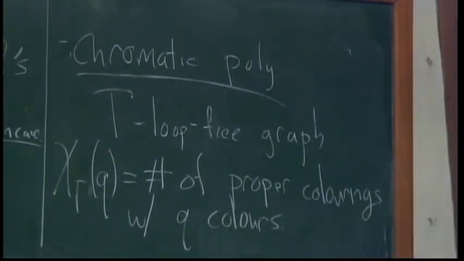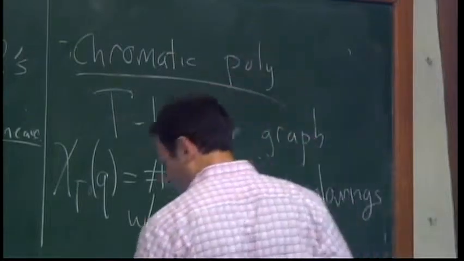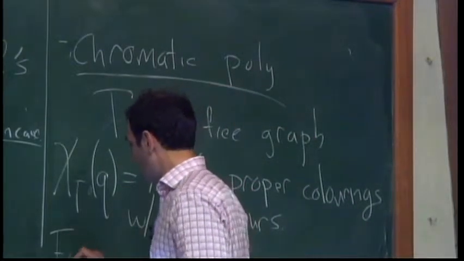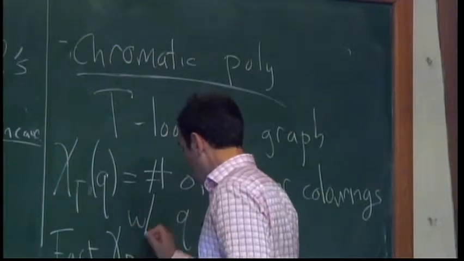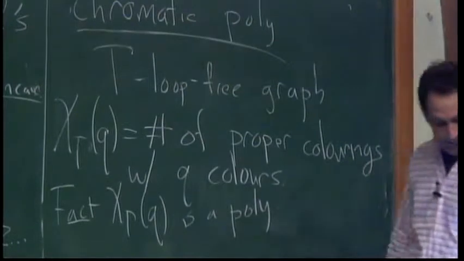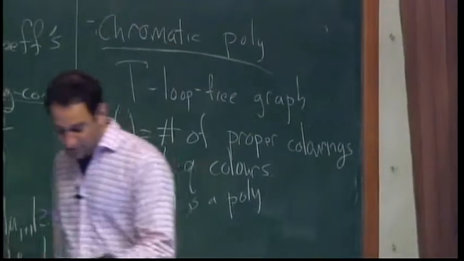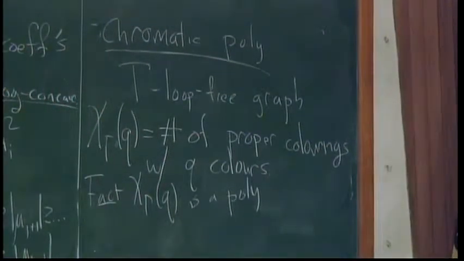And here, proper colorings mean I assign one of Q colors to every vertex with the condition that no two vertices of the same color are joined by an edge. And it's a fun thing to prove that this function is a polynomial, where its degree is equal to the number of vertices, and it's got alternating coefficients. And it was a conjecture that Reed made in 1968, and June Huh proved in 2010 that the chromatic polynomial is unimodal.